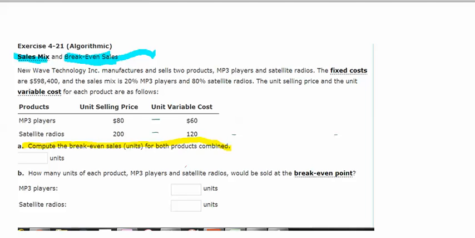To figure out the break-even, of course, we use that basic formula where the break-even is equal to our fixed costs divided by our contribution margin. And that will tell us how many units we're going to have. Contribution margin, of course, is sales minus variable cost.